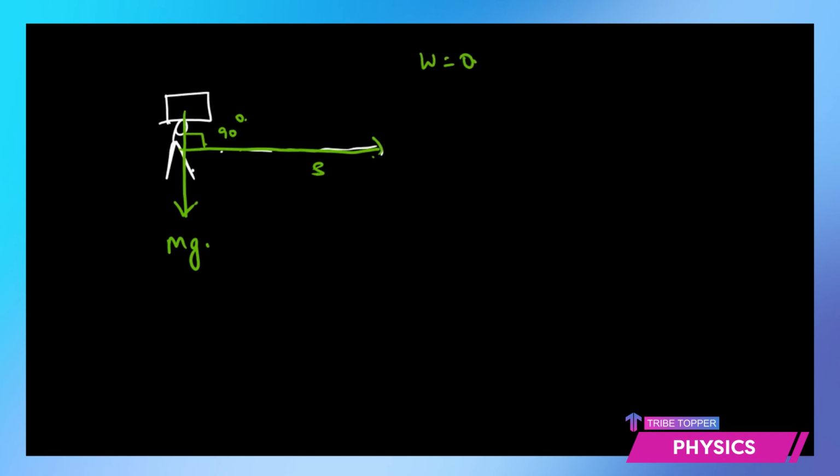Suppose a person is carrying a load on his head and moving this way. The weight that acts is in the downward direction, that's the force, and the person moves in this direction, that's the direction of displacement. So angle theta is 90. So the work done would be 0.